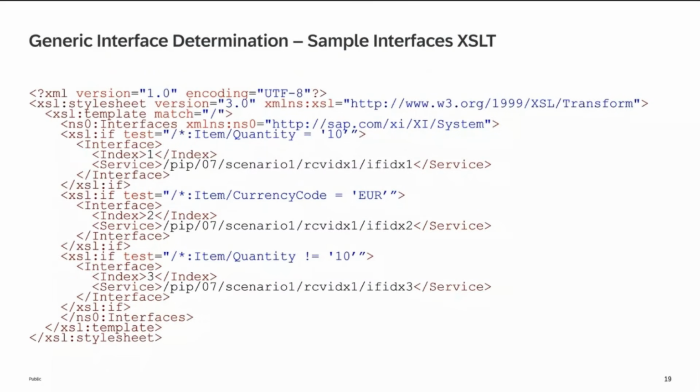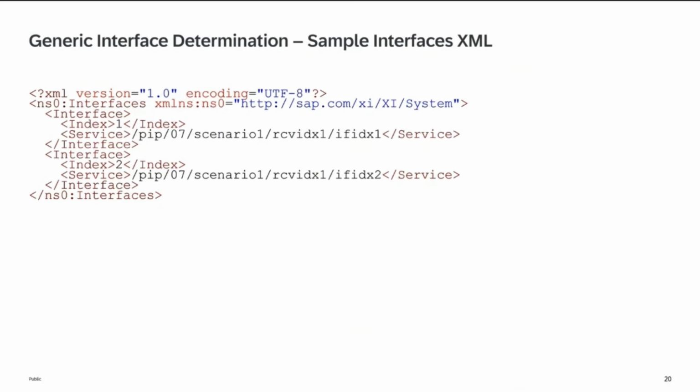Here again, we have XPath conditions, and depending on whether they apply or not, we would then add those interface nodes. And here you would actually see the endpoint of the very last scenario-specific outbound flow, right? And this we then pass to the last generic flow, so that the last generic flow dispatches the messages to the right integration flow, right?